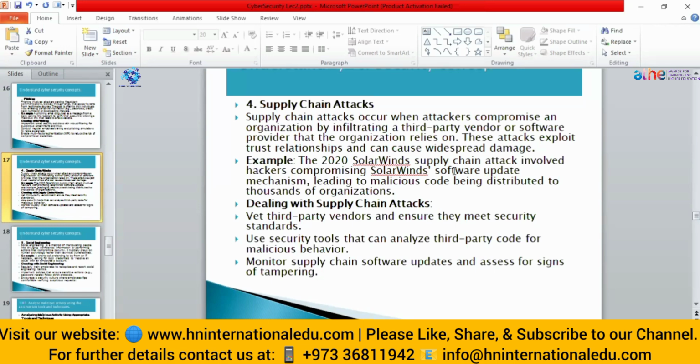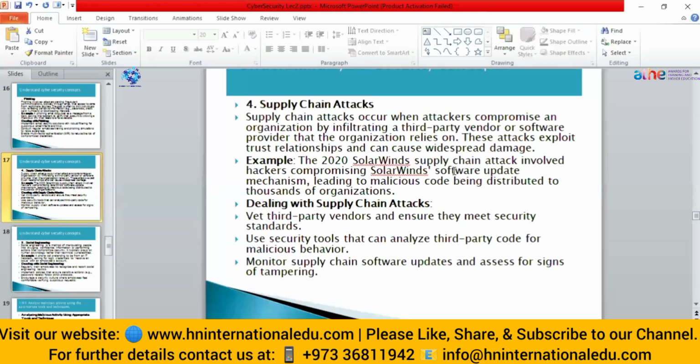So that was a supply chain attack. Through a third party application or vendor software, they try to attack multiple computers. That software update was distributed to thousands of organizations, and thousands of organizations were affected by that.